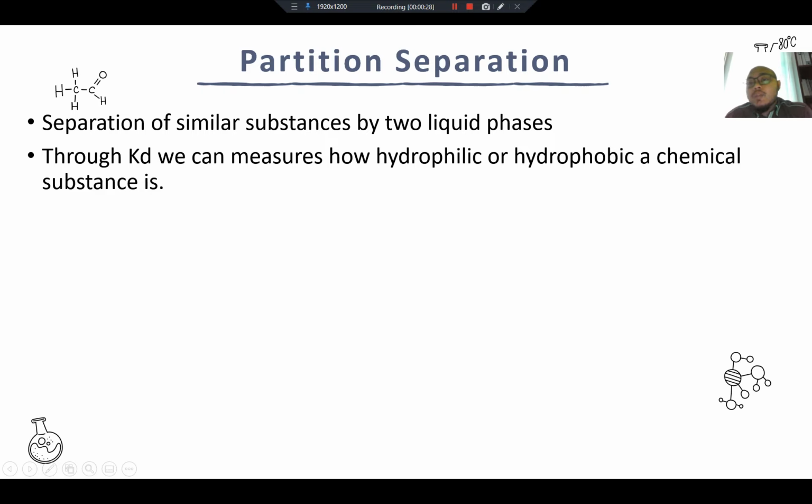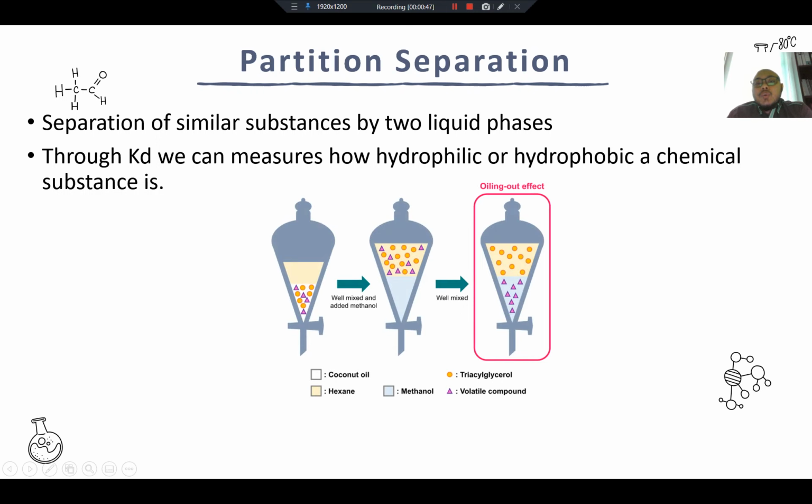It's either KD or KP, should be fine. Okay. We already learned about the partition coefficient, and also the distribution coefficient. We can calculate them. Okay, if Kp is larger than 1, it means that we actually have a better system for separation, right? Okay, so you already know the terms hydrophilic and hydrophobic.